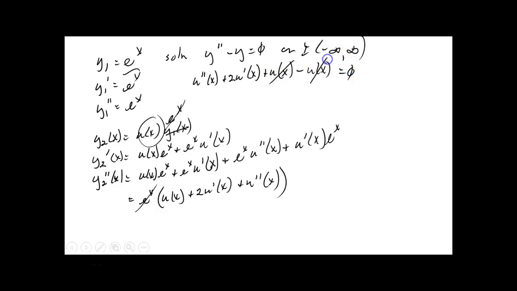Well, u of x minus u of x is 0. So now we have u double prime of x plus 2u prime of x is equal to 0.